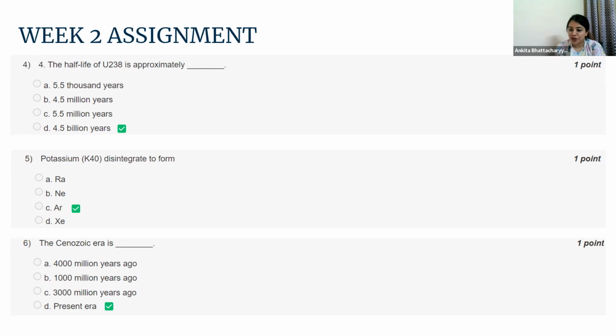You don't even need to go through the other options, because if you remember the geological time scales, time has been divided into 4 different eras, and among them, it's not even the most recent, it is the current era, the one in which we are living. So that is the Cenozoic era, and this was also a direct question. I hope you got these options right.